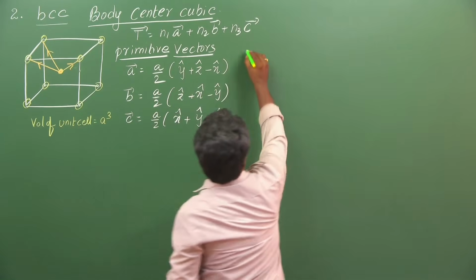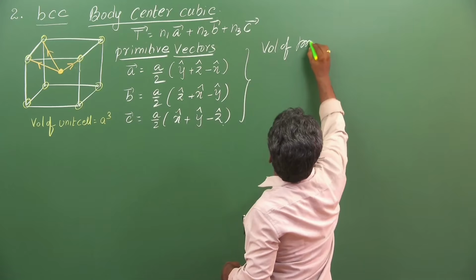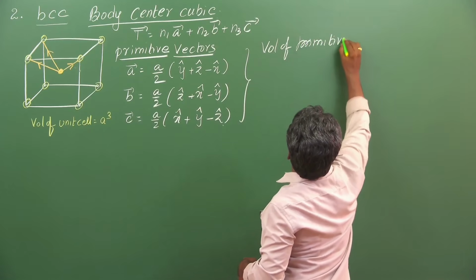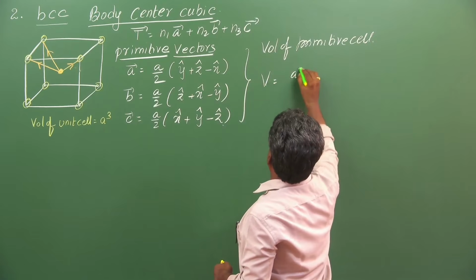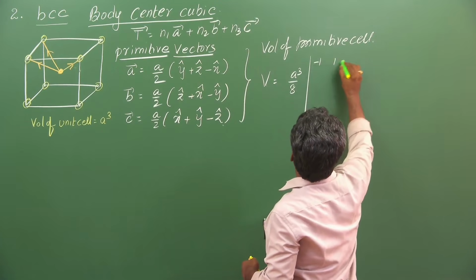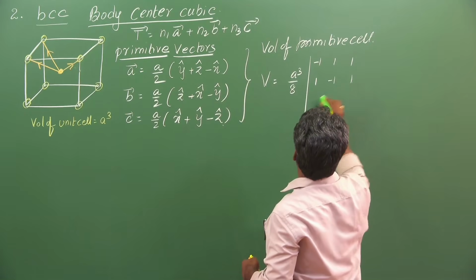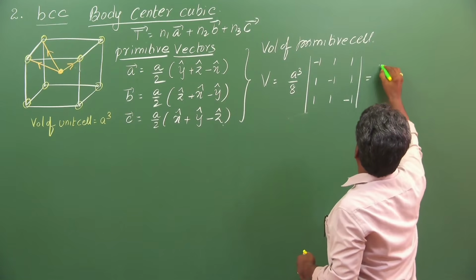Good. Now from this we have to find the volume of the primitive cell first. The volume is given by a cube by 8 times the determinant of minus 1, 1, 1; 1, minus 1, 1; 1, 1, minus 1. Anybody can say fast what is the answer here?